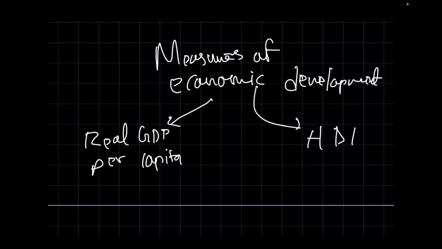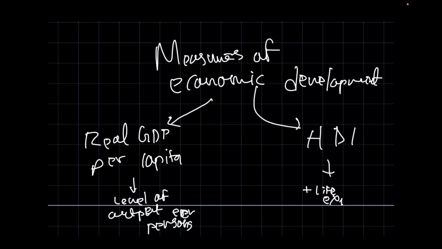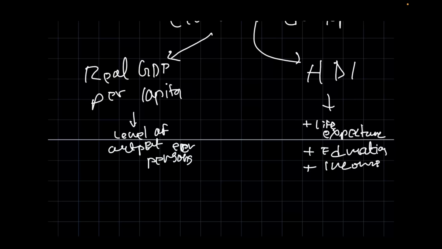Now we've already seen these both to some extent in the previous video. Real GDP per capita is basically the level of output per person in an economy, whereas the HDI consists of factors other than just the output. It includes the life expectancy, the level of education, and the income. So it is more coherent of all of the factors.